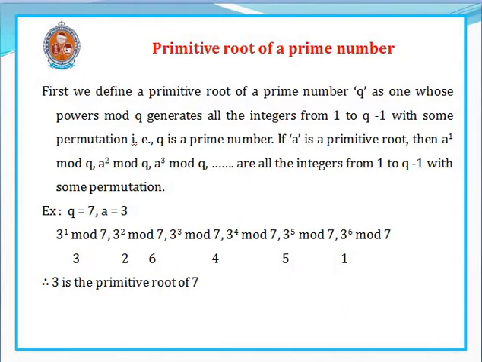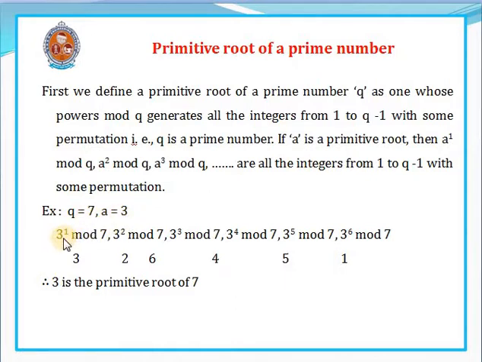That is, suppose Q is a prime number, then if A is a primitive root, then A power 1 mod Q, A square mod Q, A to the power of 3 mod Q, and so on are all the integers from 1 to Q minus 1 with some permutation. The following example shows the idea. Let Q equal to 7, let A equal to 3.